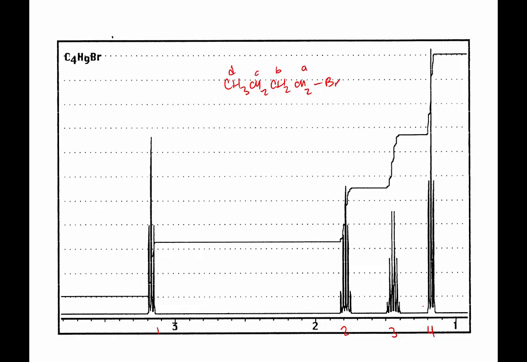I think the biggest triplet, peak number 4, corresponds to D. So 4 is D. We like that? 1 is A. 2 is B. 3 is C.